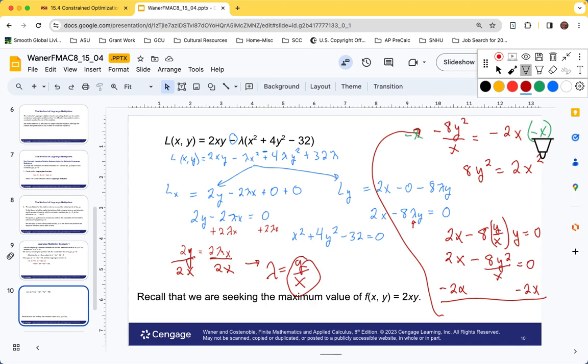Now we can use our constraint. That's where I was going. So we have 8y squared. We have a 4y squared, so we could write this as 2 times 4y squared equals 2x squared. Divide both sides by 2. Sorry about this all. That's going to give us 4y squared equals x squared.